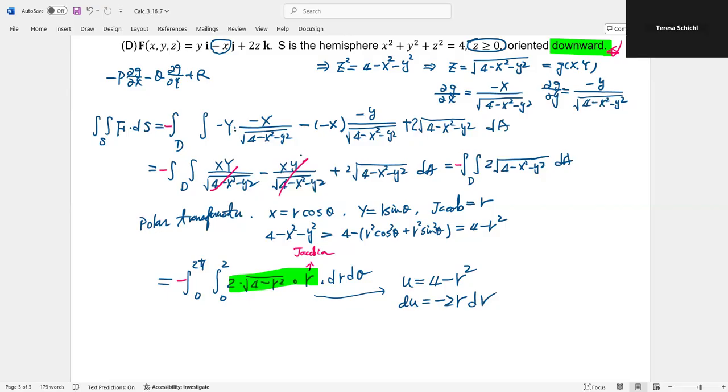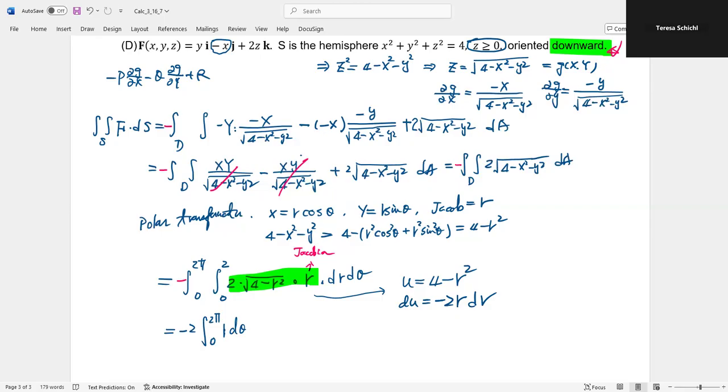Then you can substitute back, and finally you will be able to get this. We can move this negative 2 to the front, then 0 to pi, and here this is d theta, it's 1 times d theta, right?